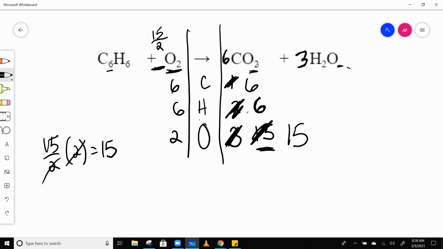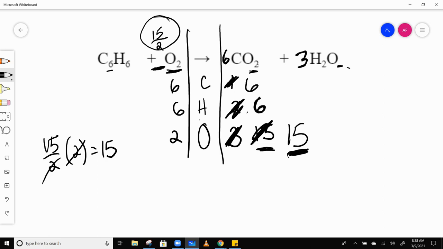I think of it as, okay, as soon as I see that this number is off and I can't make it, I just multiply everything by 2, because the next step you're going to do here is multiply everything by 2, because you can't have a fraction in a balanced chemical reaction.